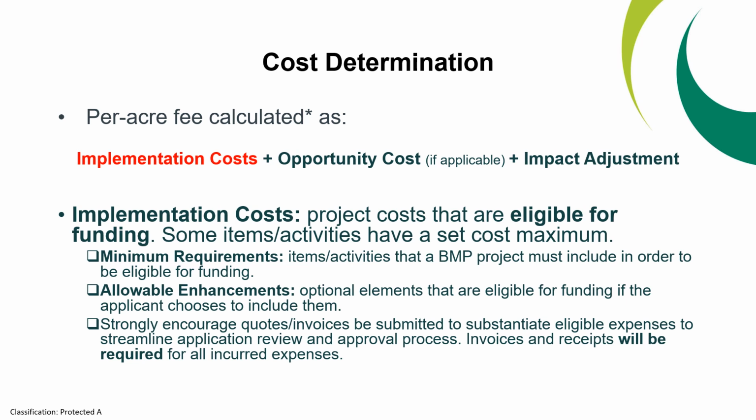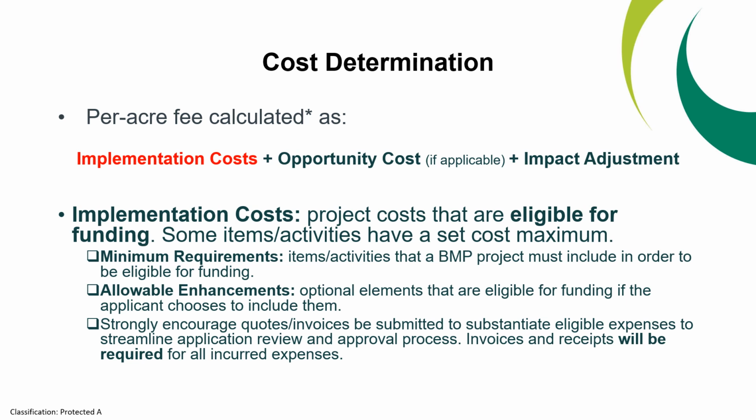There are 2 types of implementation costs. We have minimum requirements. So these are the activities that a BMP project must include in order to be eligible for funding. And we have allowable enhancements. And these are optional items that are eligible for funding if applicant chooses to include them, but they are not required.